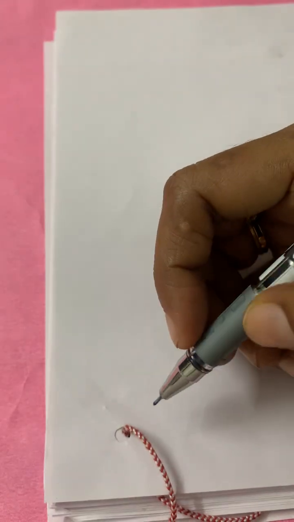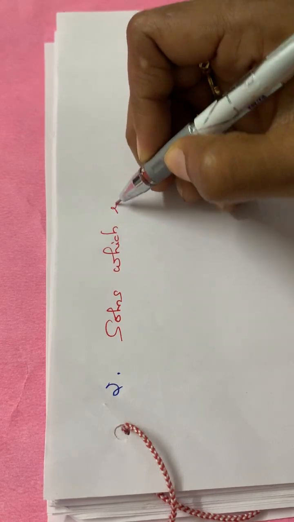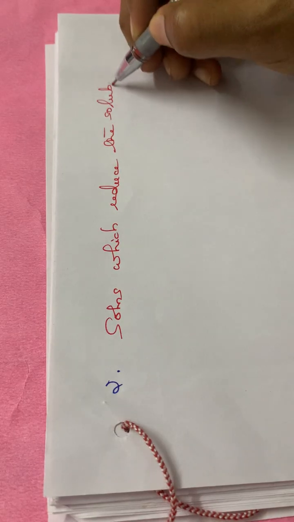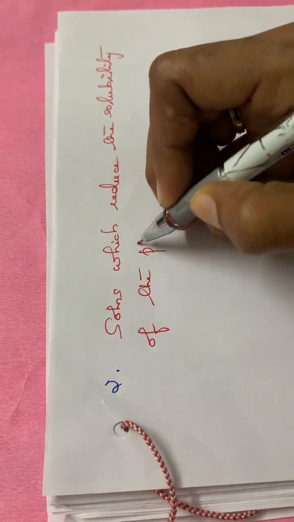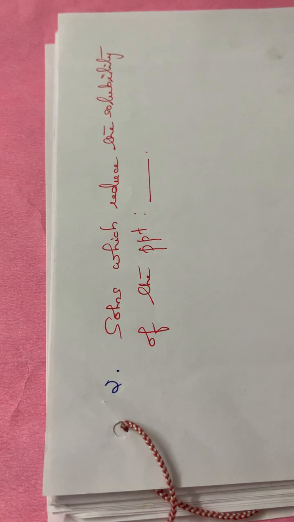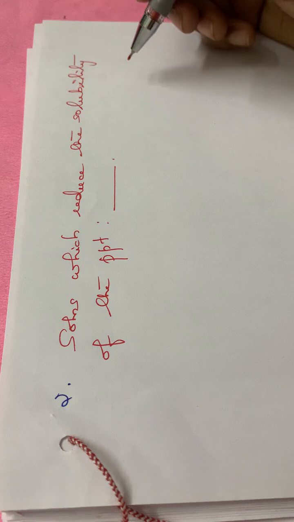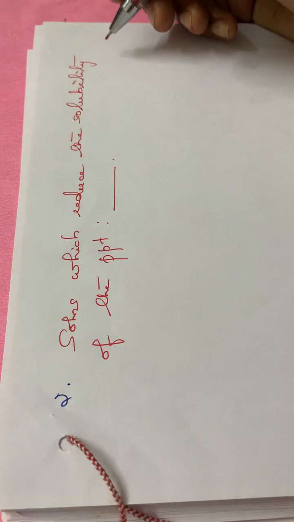Then the second case, solutions which reduce the solubility of the precipitate. Suppose we are using a particular solution for washing the precipitate, and the precipitate gets dissolved in that wash solution.